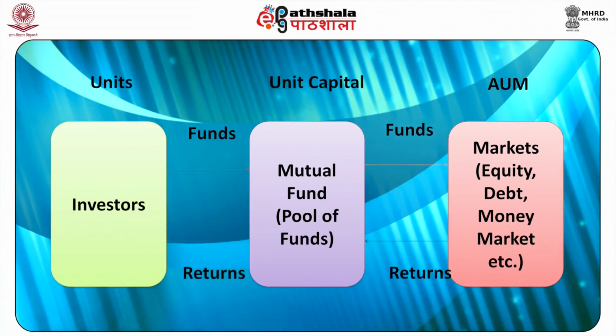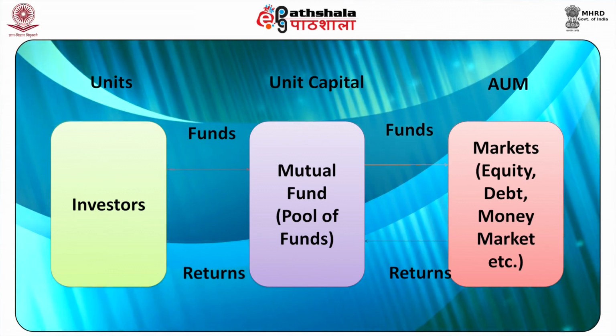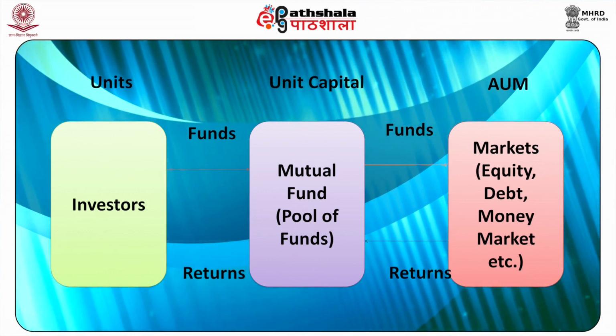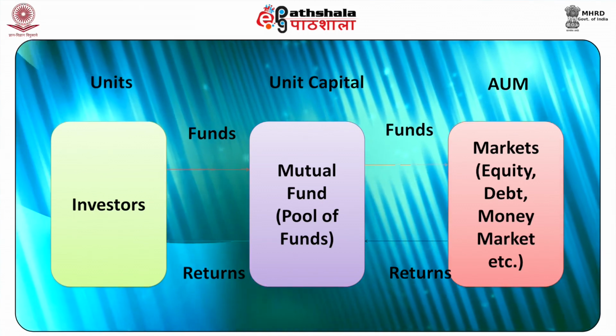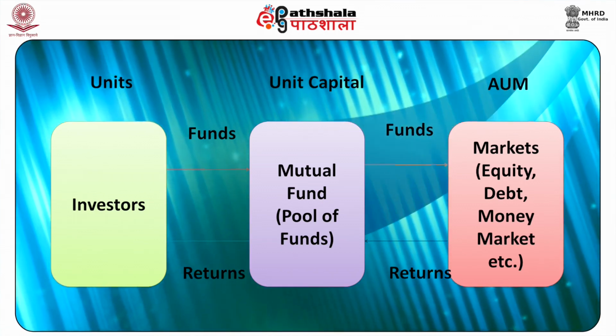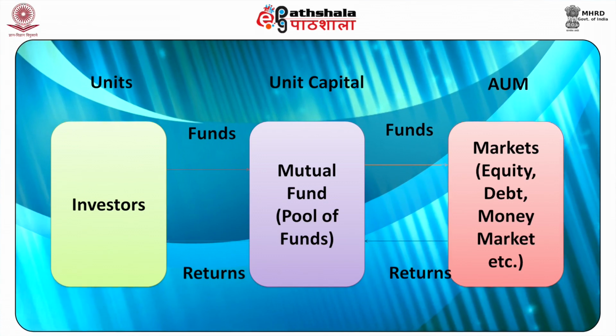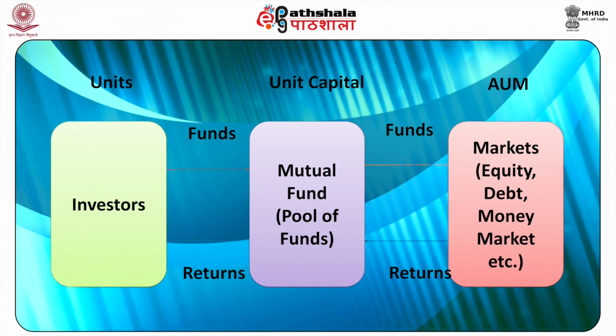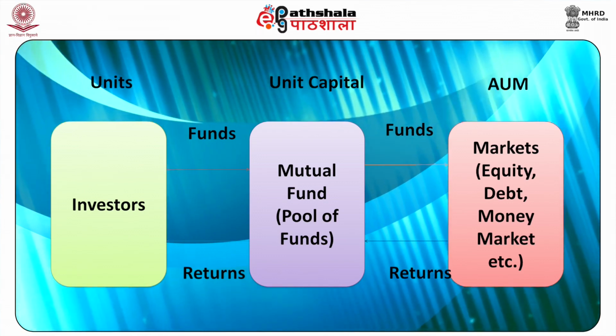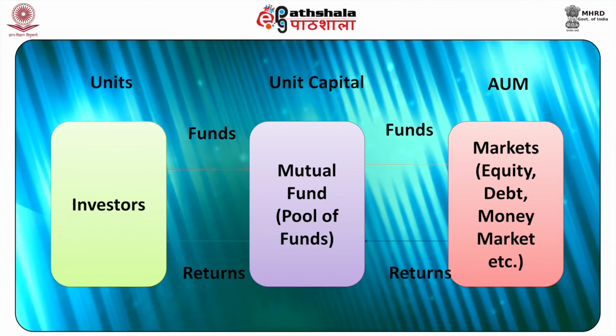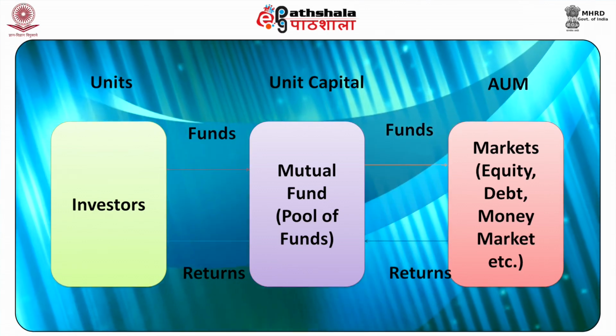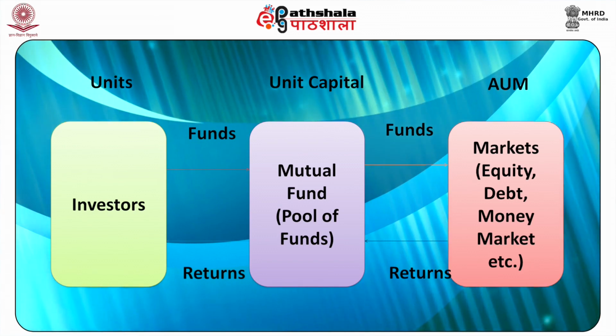The pool of funds collected under a particular scheme is invested by the fund manager in different instruments in the market. Depending upon the investment objective of the scheme, the funds may be invested in equities to generate capital appreciation, or in debt instruments to generate regular income, or in money market instruments to provide liquidity to the unit holders of that scheme.